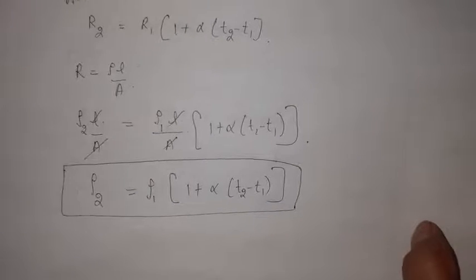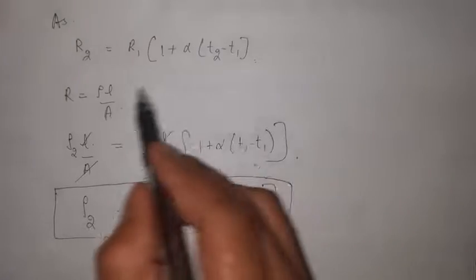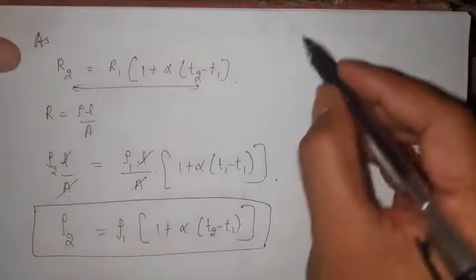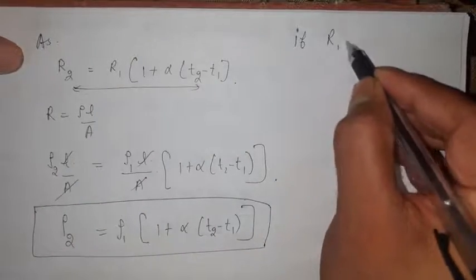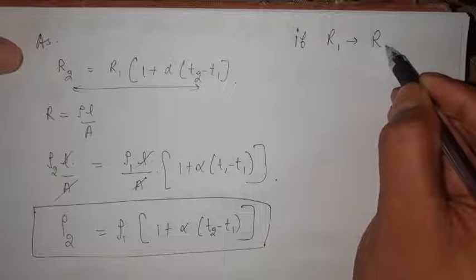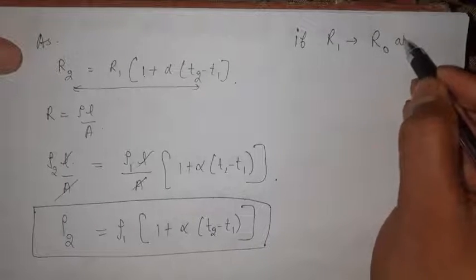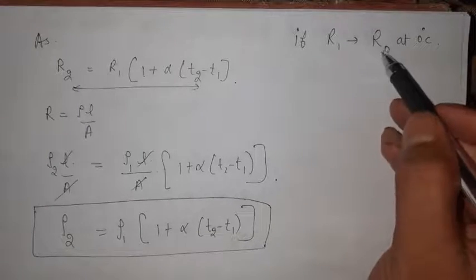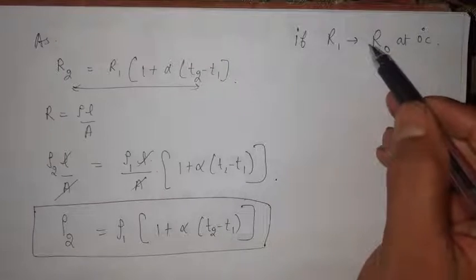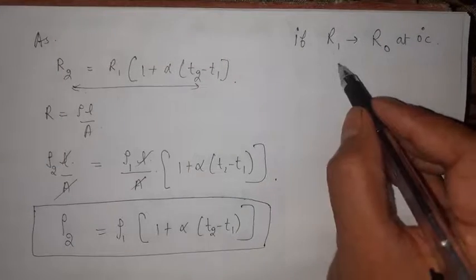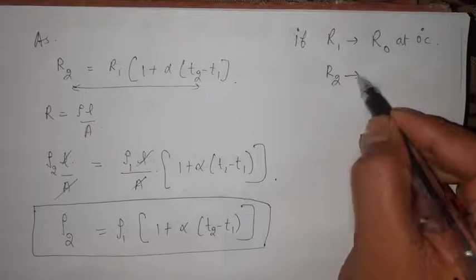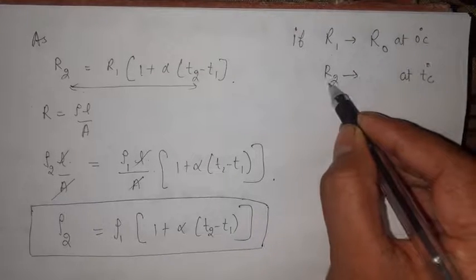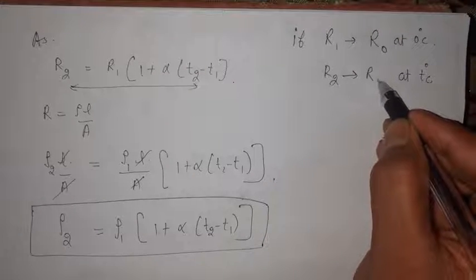Now, in the case of resistance, suppose R1 is the resistance at the initial temperature of 0 degrees Celsius. I give it the name R0. And R2 is the resistance at T degrees Celsius, so I write it as RT.